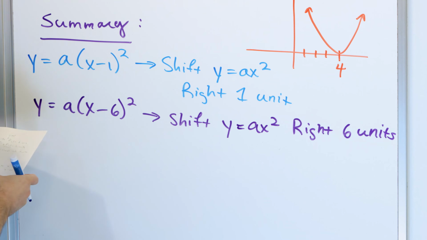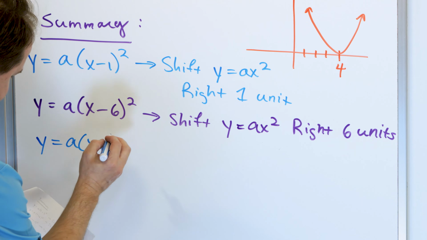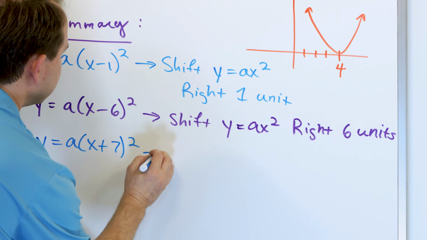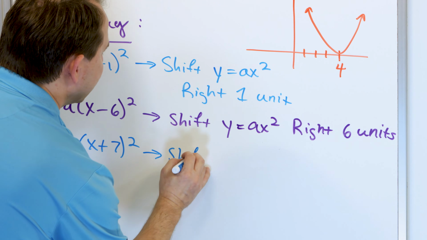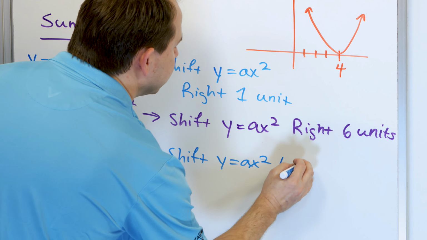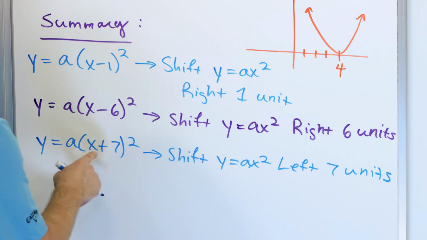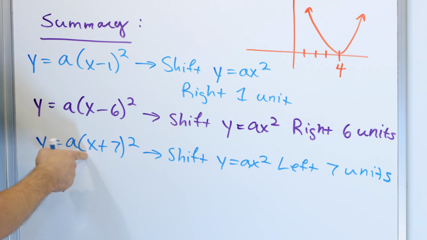And then lastly, we're going to go the other direction. We're going to say y is equal to ax plus 7 quantity squared. We're going to shift the curve ax squared left 7 units. Right? Same sort of thing. I need a negative 7 in here just to get a 0 to square it. That means that the center of the parabola is going to be shifted left 7 units.